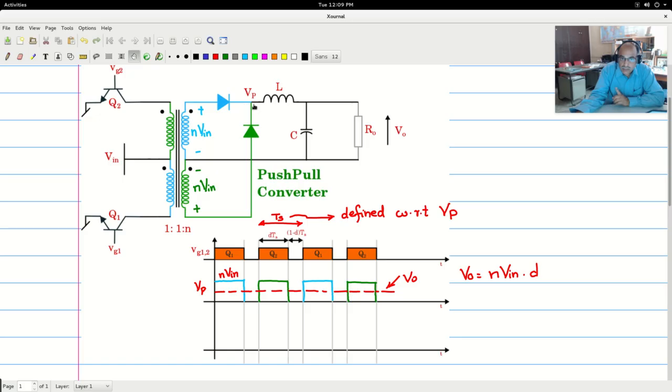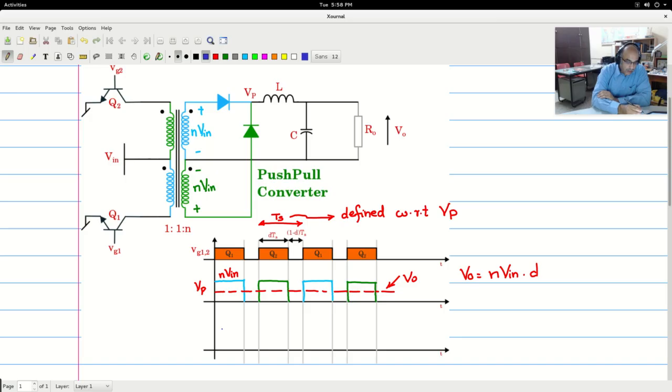So the inductor will see an ORed effect of the two components, and therefore the frequency of the voltage across the inductor will be double the switching frequency on the primary side. So that is one aspect which you have to consider, and the D is always defined with respect to the pole voltage. This is the important aspect in the case of this push-pull, half-bridge and full-bridge topologies.